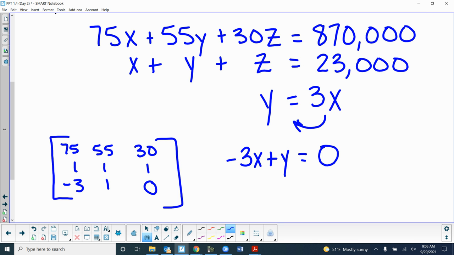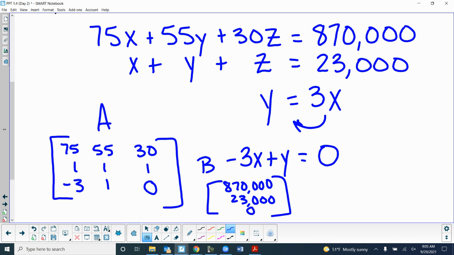Okay, what's my B? So this was my A matrix. What's my B matrix? That big number, and this big number, and then 0, yeah. All right, so put that in your calculator and see what that answer is.